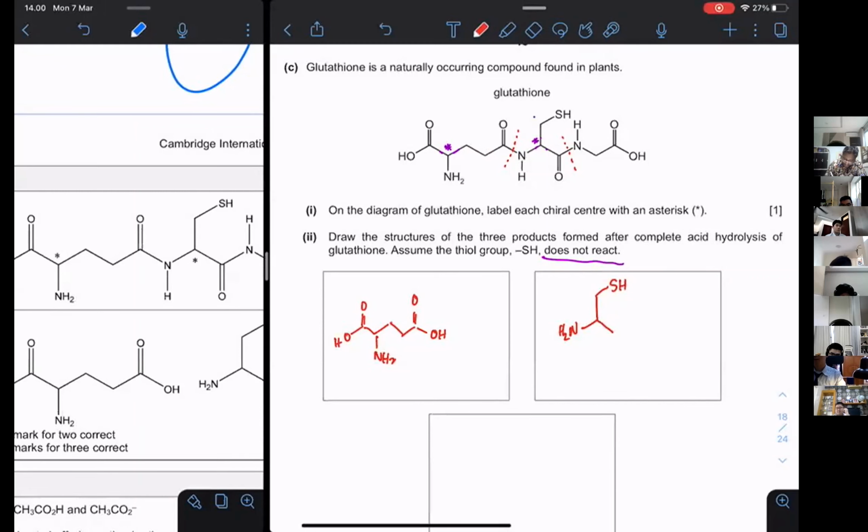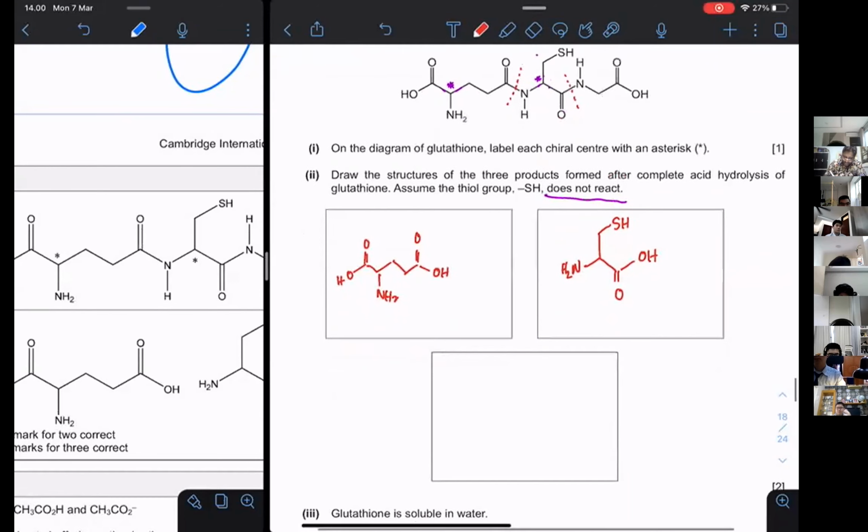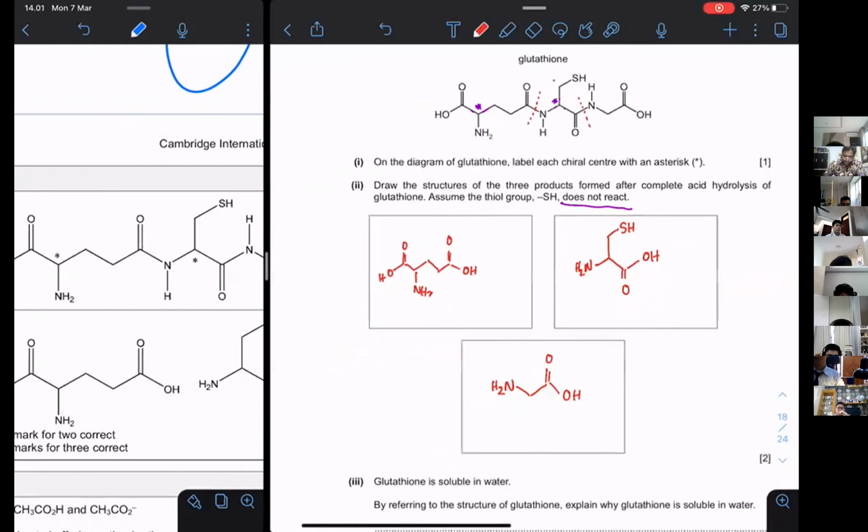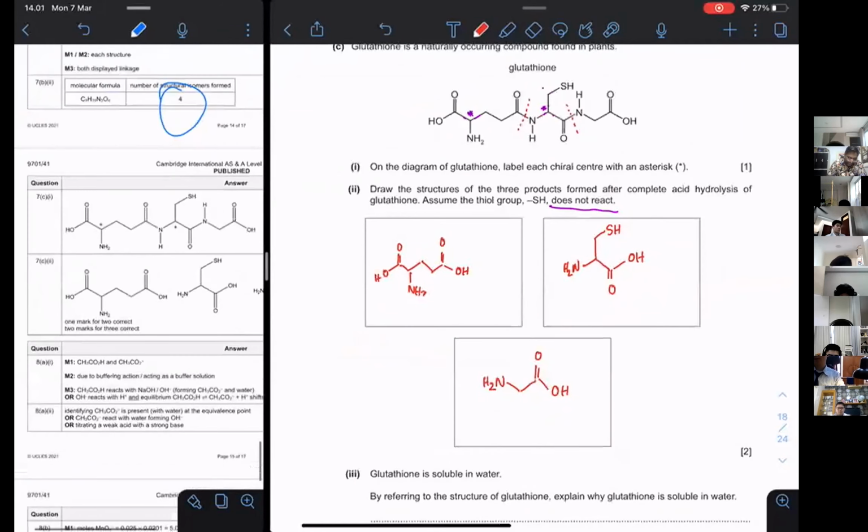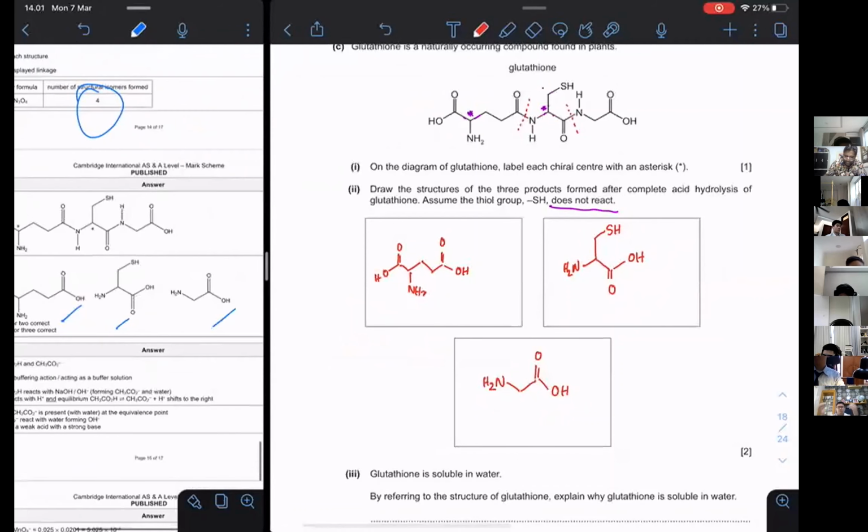Then here, double bond O, then you are going to have the OH. That is that part. And then this one is NH2, so straight away I write down NH2, and then join here, double bond O, OH. So you are going to have a total of 3 products. You can just double check whether it's correct or not. It should be correct.